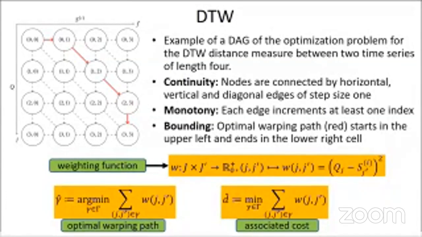And in this DAG, we want to walk from the upper left corner to the lower right corner and find the path which has the highest accumulated weight. And this is called the optimal warping path. And often we are also just interested in the cost of the optimal warping path.